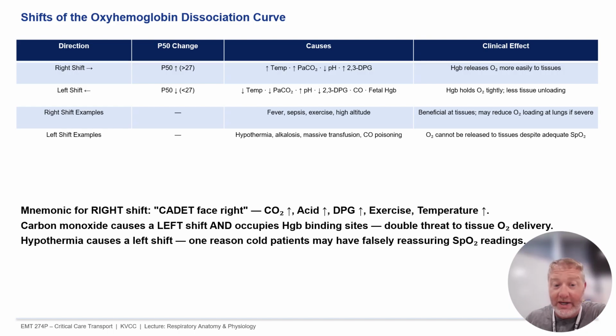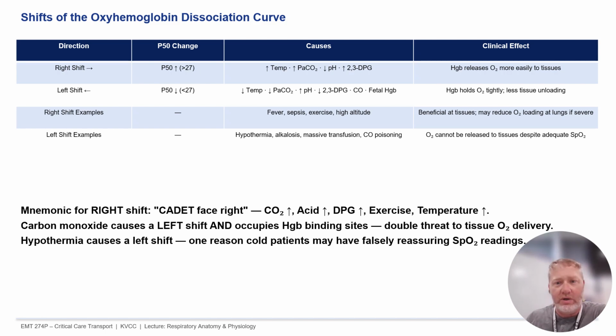Mnemonic would be CADET, face right. Whenever you have an increase in CO2, an increase in acid, so if the pH decreases and or the PaCO2 increases, that causes a shift to the right in the curve.